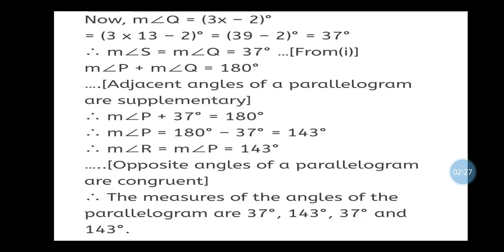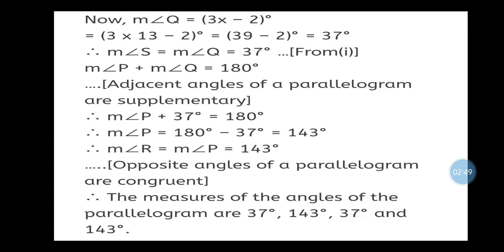So measure angle Q is equal to 37 degree. As we already know that measure angle S is equal to measure angle Q, that is equal to 37 degree, or else you can substitute the value that 50 minus x is equal to 50 minus 13, we will get 37 degree.